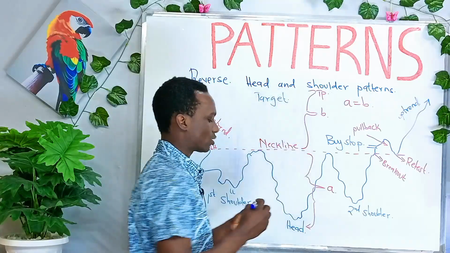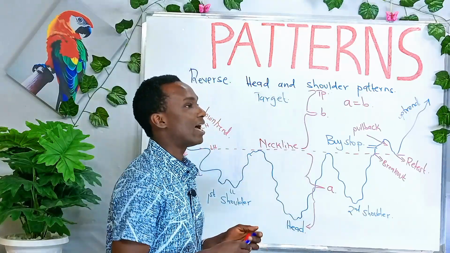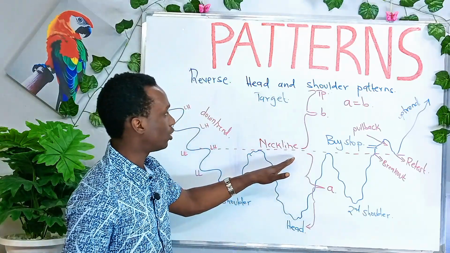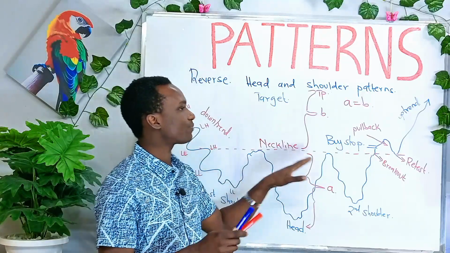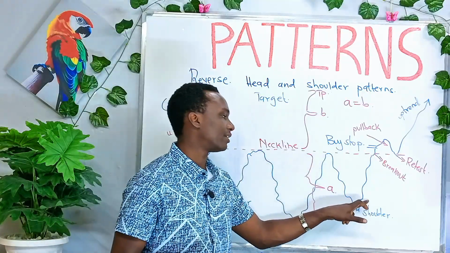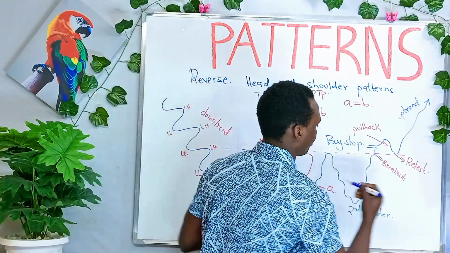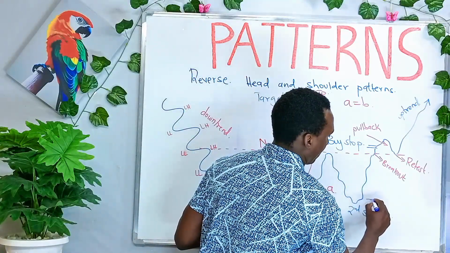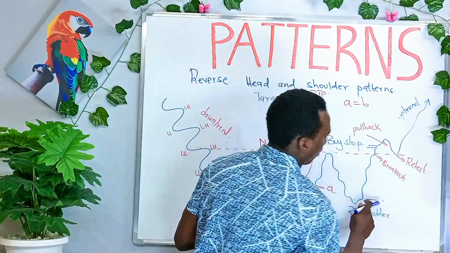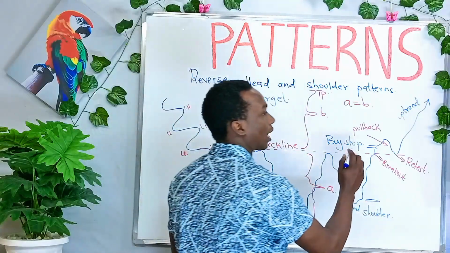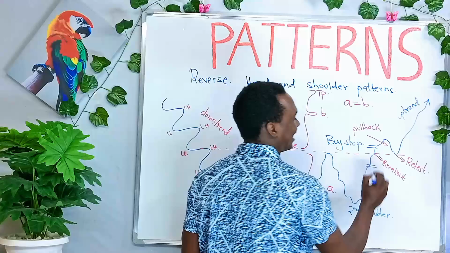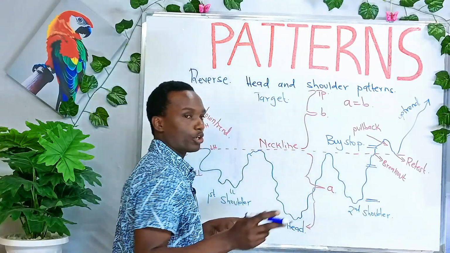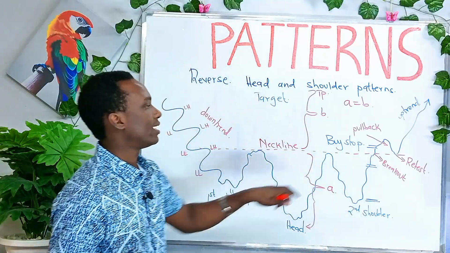But what happens when we want to calculate our stop losses? To place your stop loss order, just place them above. You can either place them above here on the second shoulder, or you can place them just above this neckline, according to your risk appetites.